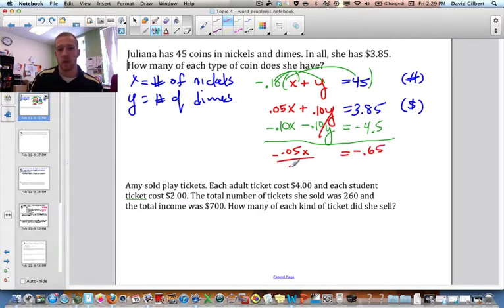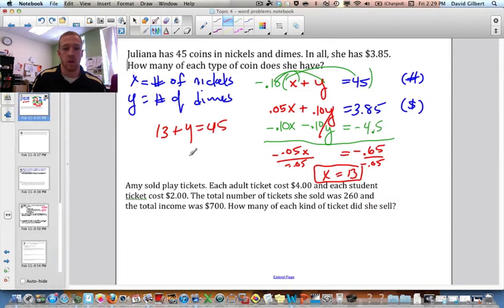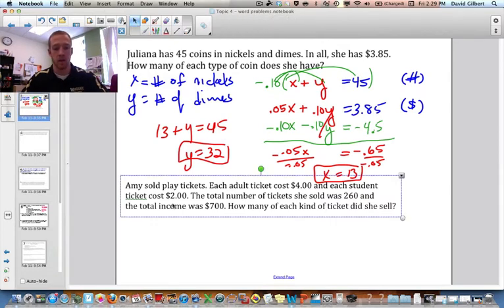Divide both sides by negative 0.05, and that gives us x equals 13. Then, using the top equation, 13 plus y equals 45, so y equals 32.